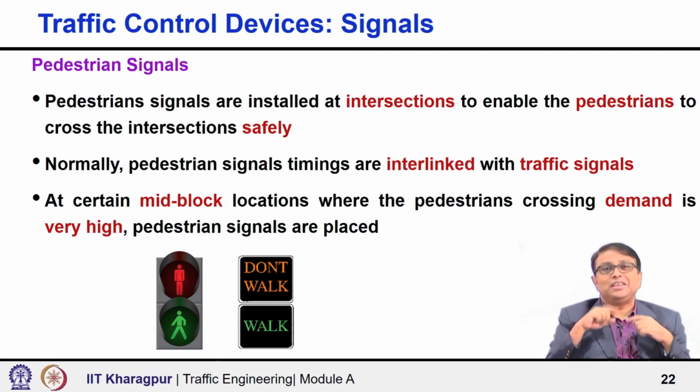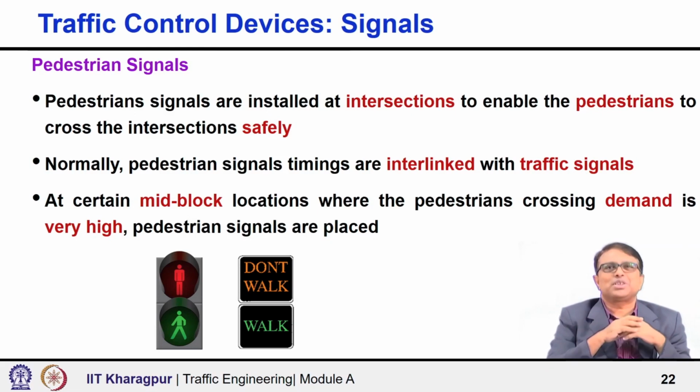You have to wait till you get the pedestrian green. Pedestrian signals are installed at intersections to enable pedestrians to cross safely, and normally they are interlinked with the traffic signals. If there is a pedestrian green, then the traffic is red. If the pedestrian is red, in all probability the traffic is green.